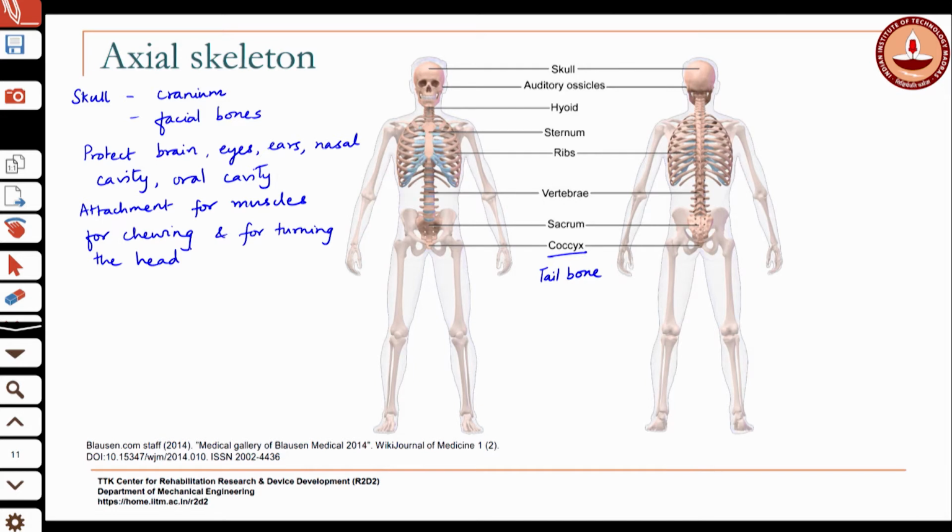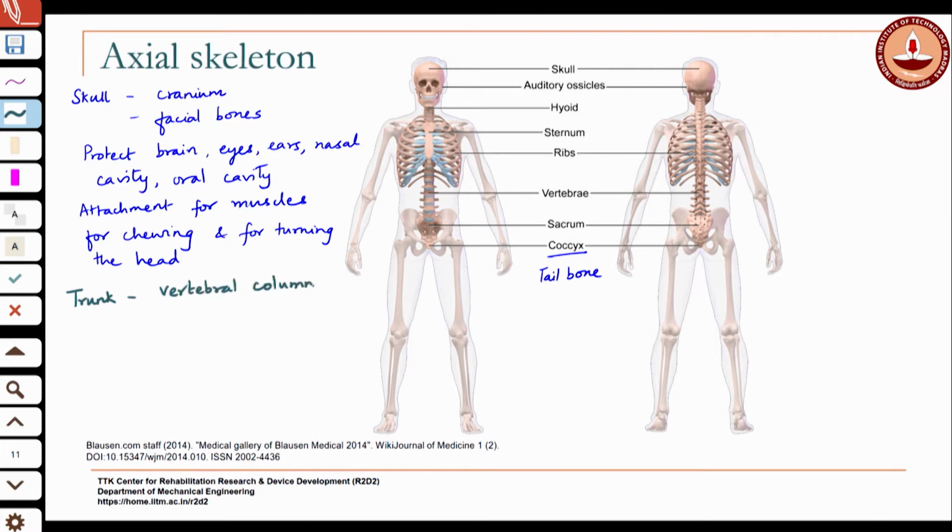When we move down, you come to the trunk. So, if you look at the trunk, like I said, it is composed of the vertebral or spinal column.